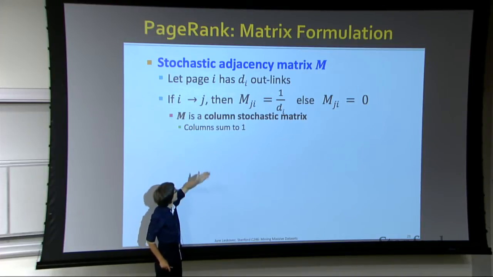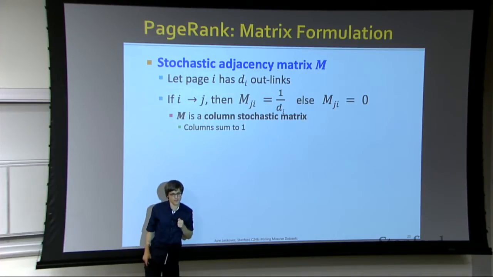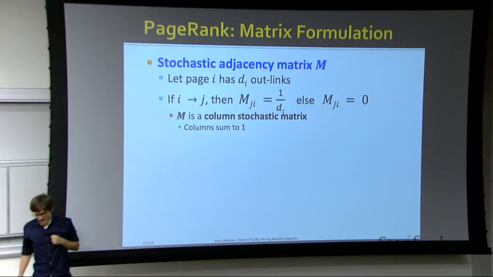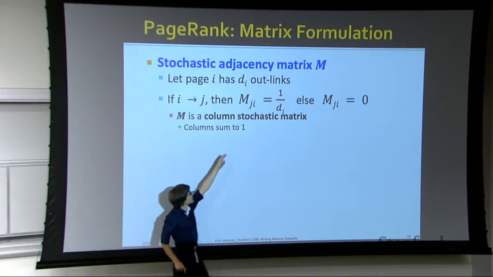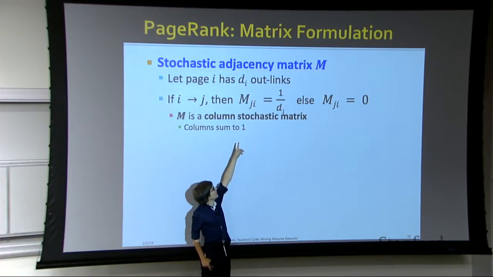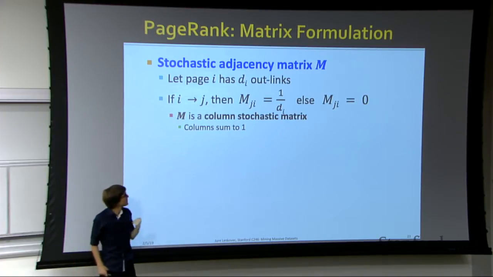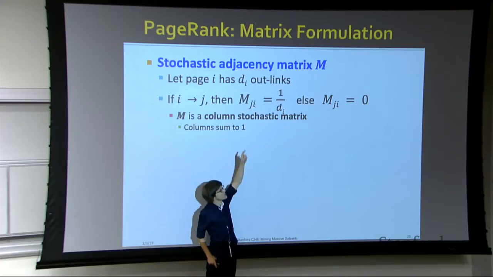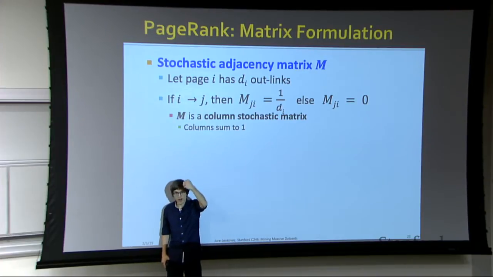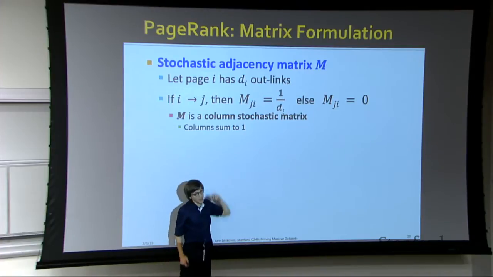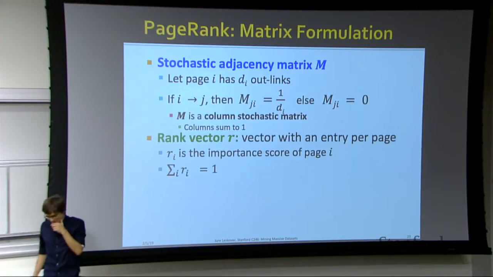It means every column will sum to 1. Why will it sum to 1? Because every node i has d outlinks. So if I sum over the column, I'm summing 1/d, d times, which equals 1. So that's why this will be a column stochastic matrix, right?